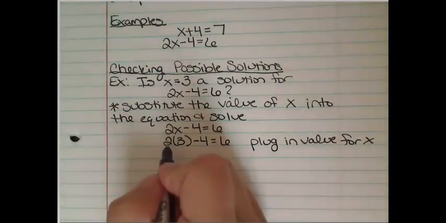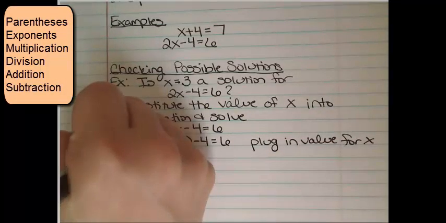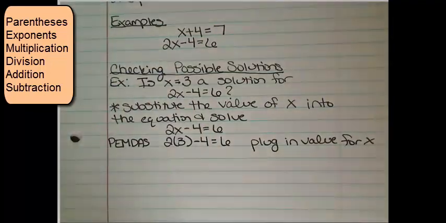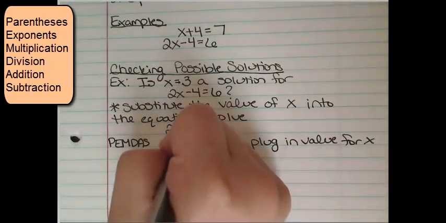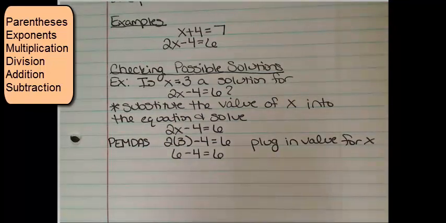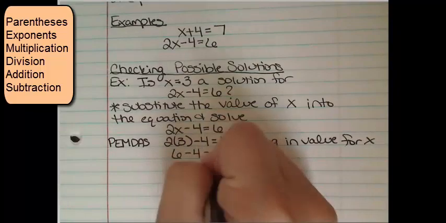So this is where you have to remember your order of operations. Here, please excuse my dear Aunt Sally. That's going to be very important in these. So first things first, we have parentheses. Let's do those. 2 times 3 is 6. Minus 4 equals 6. Now let's do our subtraction. 6 minus 4 is 2 equals 6.